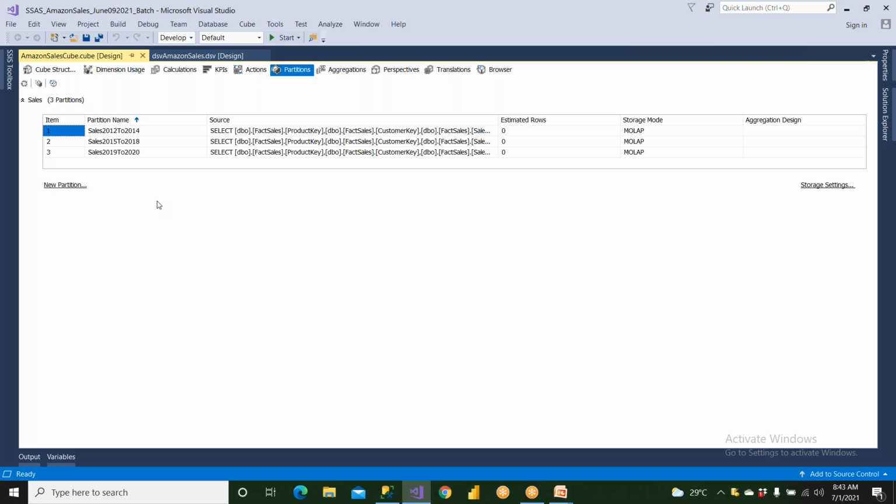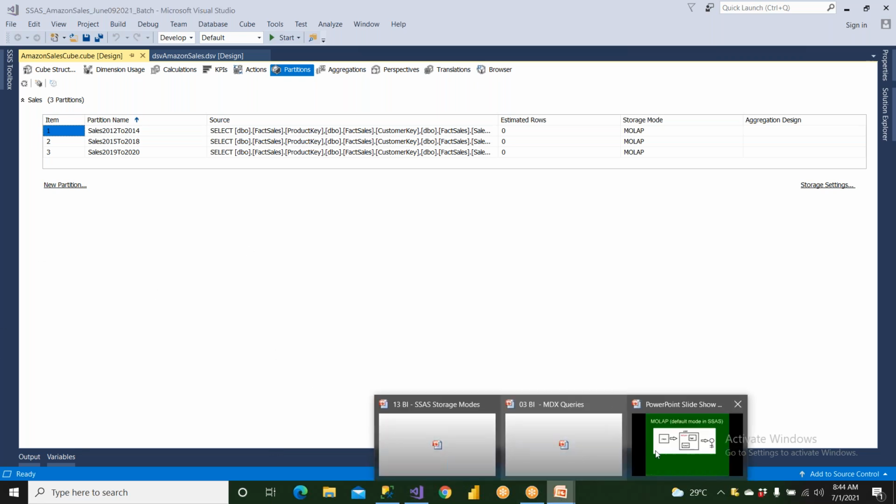When you go to ATMs, they're feeding the cash. Can you just go there and take out the amount? They'll say we are feeding the cash there. Please wait for 1 hour. So when the cube is getting processed, the reports will not get refreshed. The report will say cube under process, please wait. So reporting everything will get stopped abruptly. That will be a big issue for the end users to look into the reports.